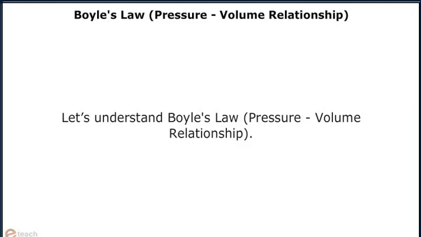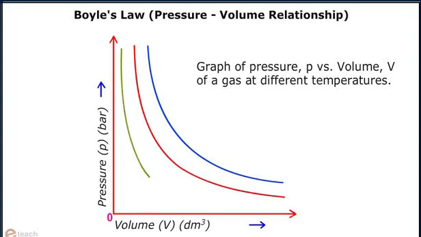Gas laws. Let's understand Boyle's law, which gives the pressure and volume relationship. You can see the graph of pressure P versus volume V of a gas at different temperatures.